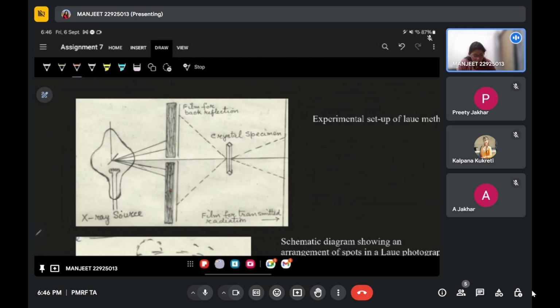There will be reflection as well as transmission, so we have put a setup for the transmitted radiation.